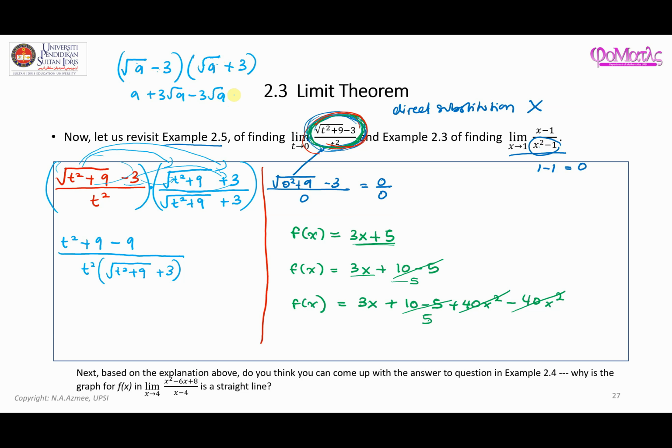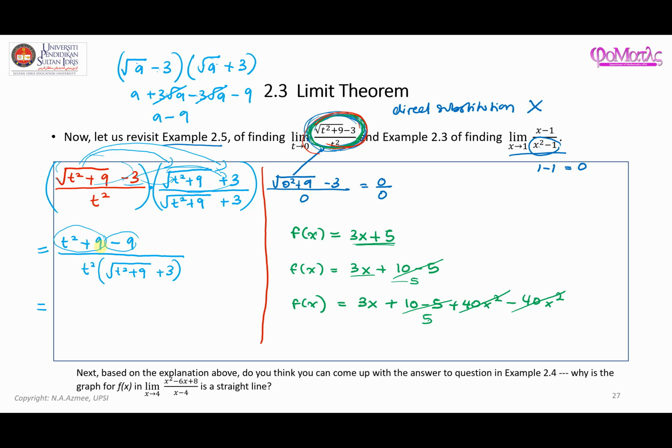Negative 3 times 3 gives negative 9. The square root terms can be cancelled because the signs are different and they are the same item, and you will be left with a minus 9. Similar to what we have here, we get rid of the square root, so you will have t squared plus 9, and then negative 3 times 3 gives negative 9. So that's it, really.